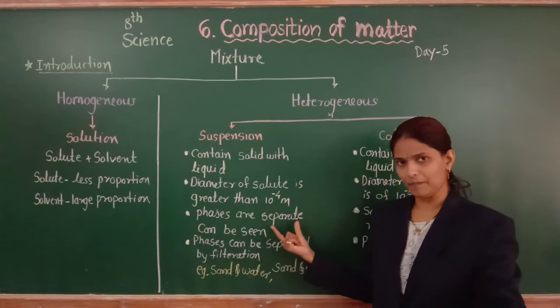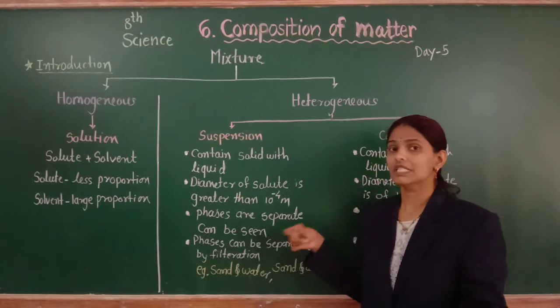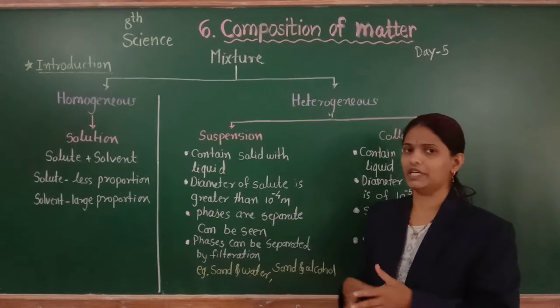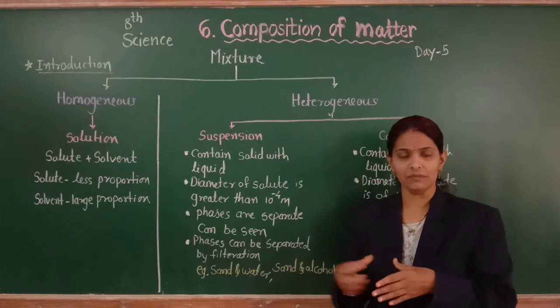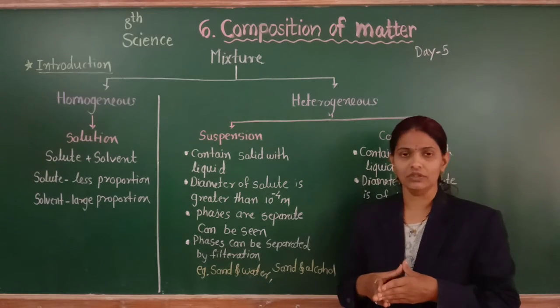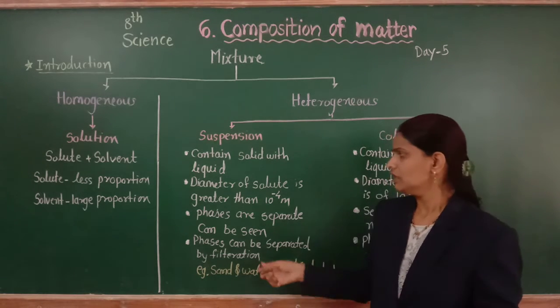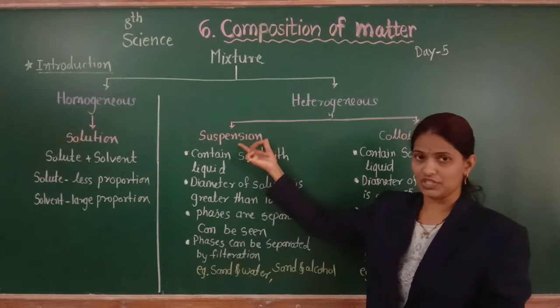These phases are separate, the sand phase and the water phase, and they can be seen. Then the phases can be separated by filtration. When we filter this sand and water mixture, it can be separated. So the sand and water mixture is a suspension.